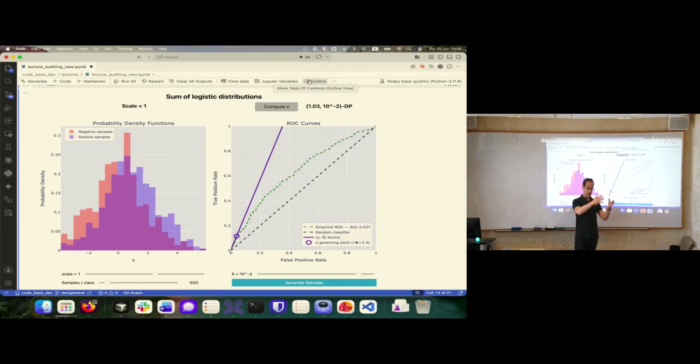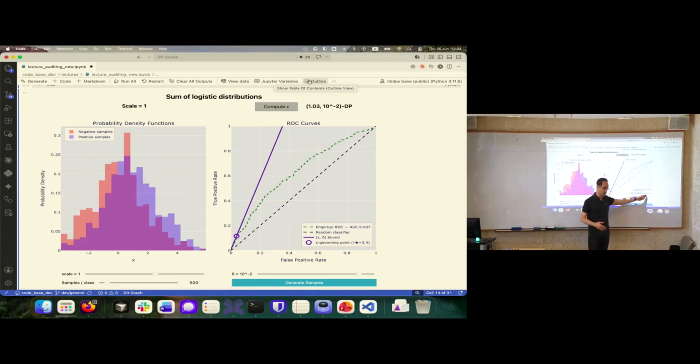Decision rule is a function from whatever is the output domain to the bit 0, 1 of do I think it came from data set 1 or data set 2. This is the task of the attacker.